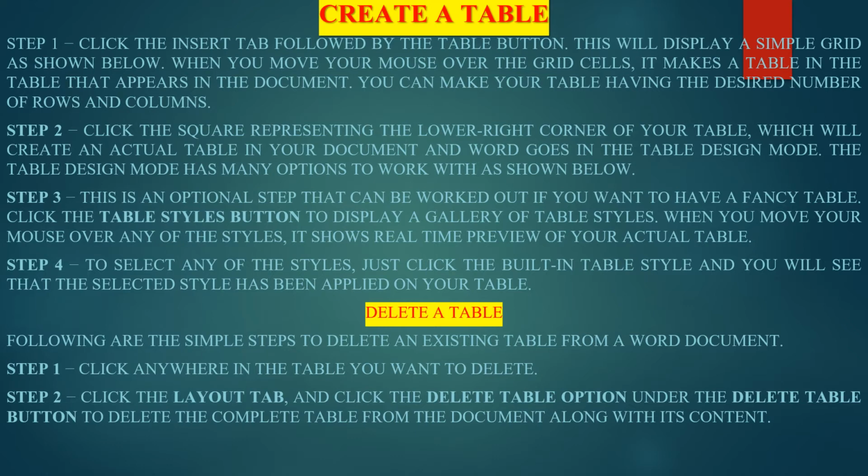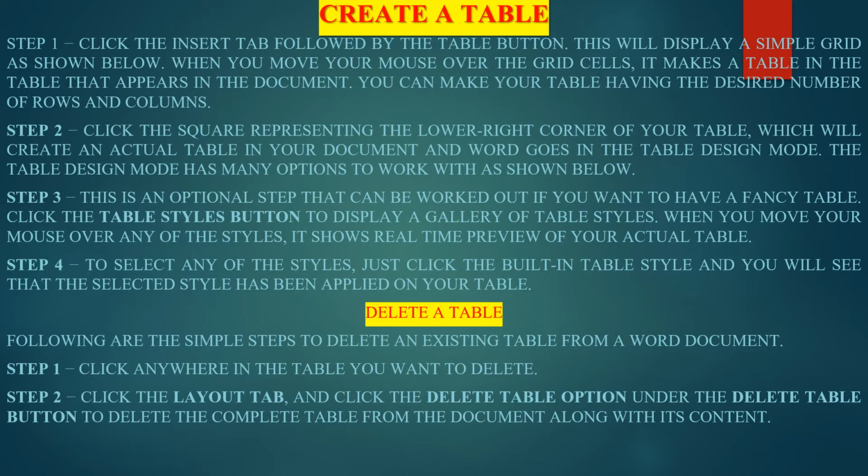Step number 2. Click the square representing the lower right corner of your table, which will create an actual table in your document and go to the table design mode. The table design mode has many options to work with as shown below. Step number 3.